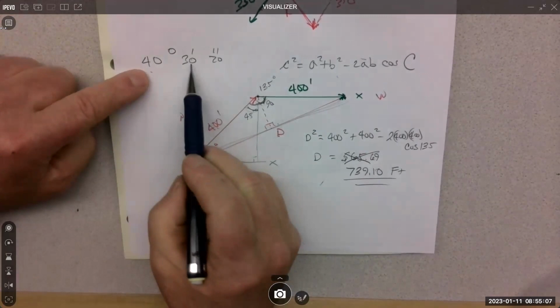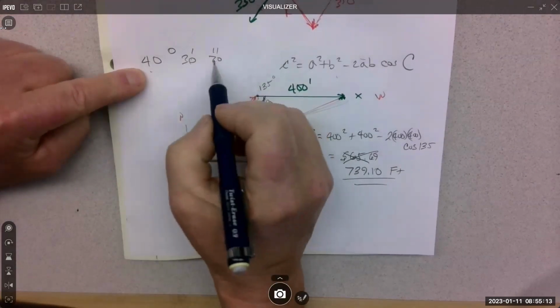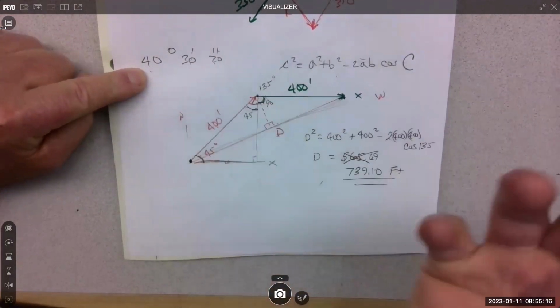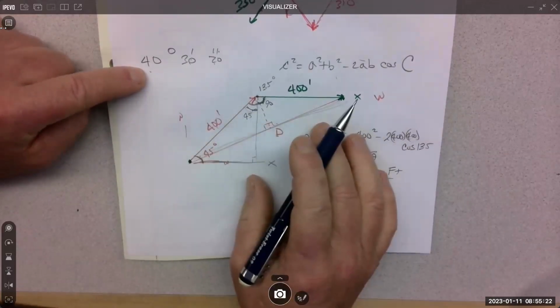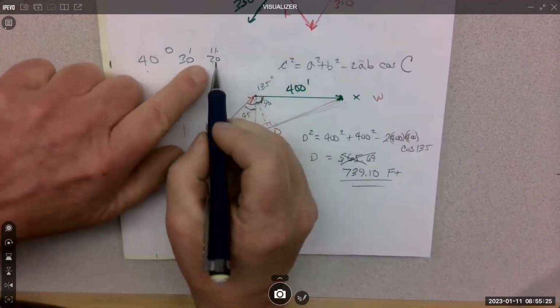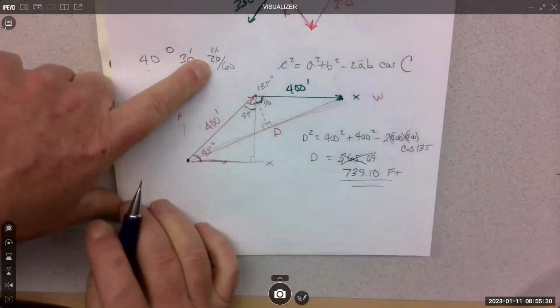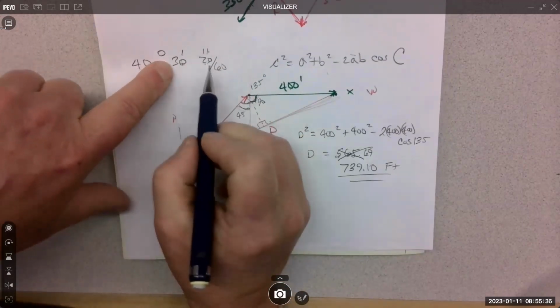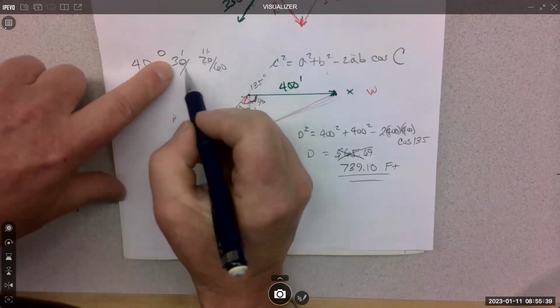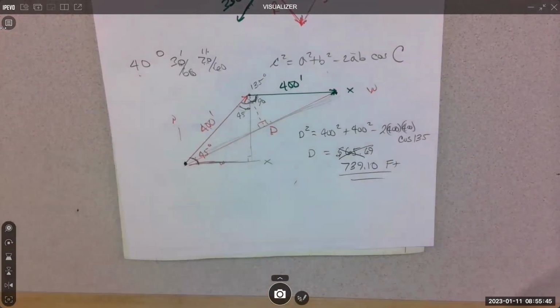If we have 40 degrees, 30 minutes, 20 seconds, the way to do it in decimal is how many seconds are in a minute? 60. How many minutes in an hour? 60, right? So 60 is kind of the big thing. So this is 20 seconds of a possible 60 seconds. So it's 20/60th. And that will give you the decimal that attaches to the 30 minutes, which is part of 60, right? Because we know that there's 60 minutes in an hour or a degree.